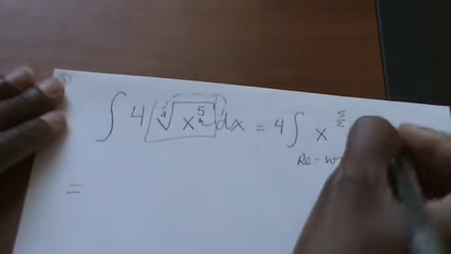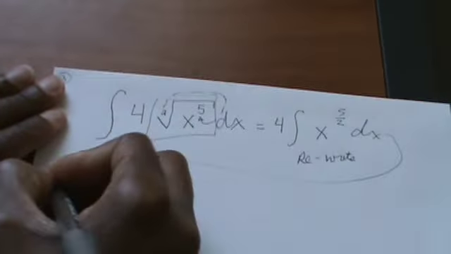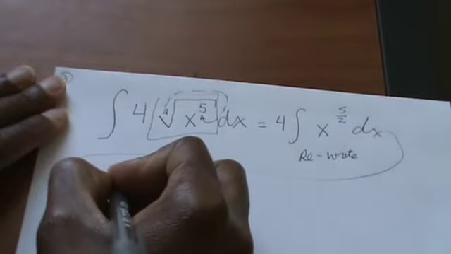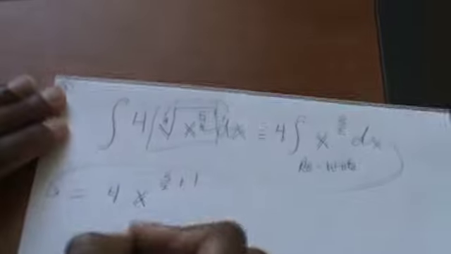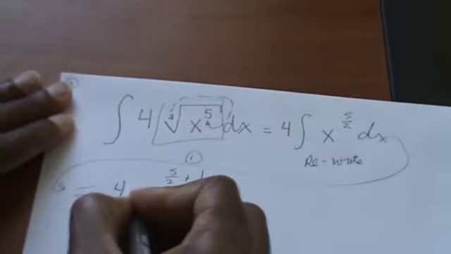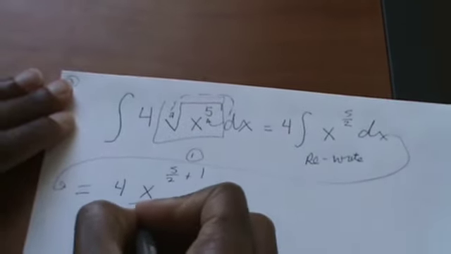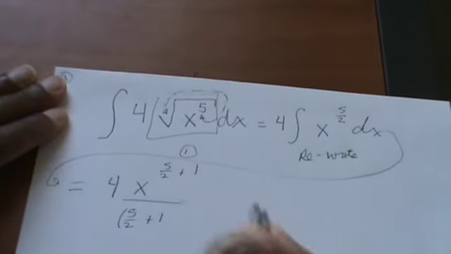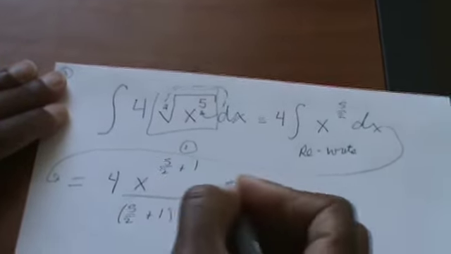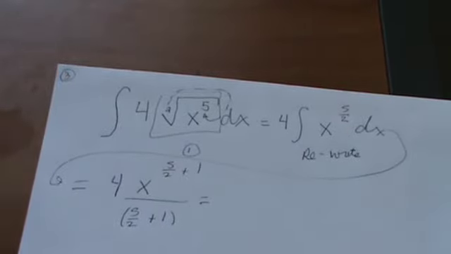So this equals, okay, again, I'm continuing this idea. 4x to the 5/2 plus 1. So add 1 to the power. And then the second part is to divide by a new power, 5/2 plus 1. Okay? So this equals, now some of you may struggle to figure out what 5/2 plus 1 is.